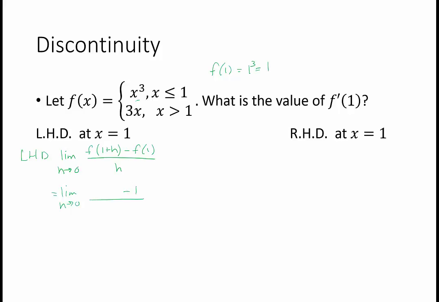Well, what's going to be the something? Well, when h is coming in at 0 but is slightly negative, this value here is going to be slightly below 1. When I'm slightly below 1, I've got the cube definition from above.